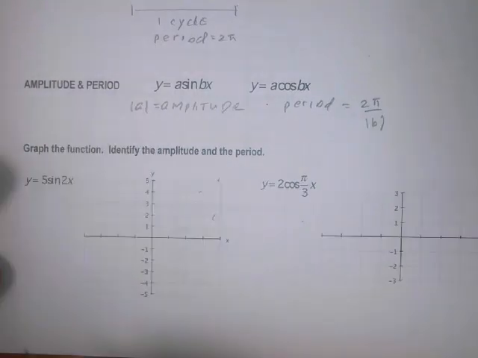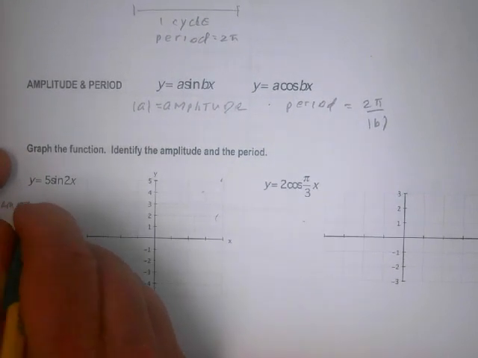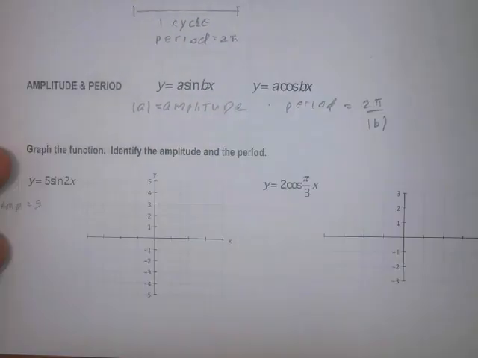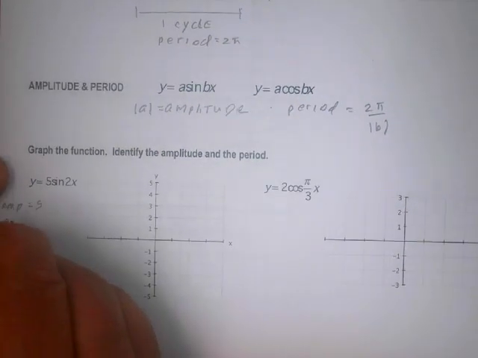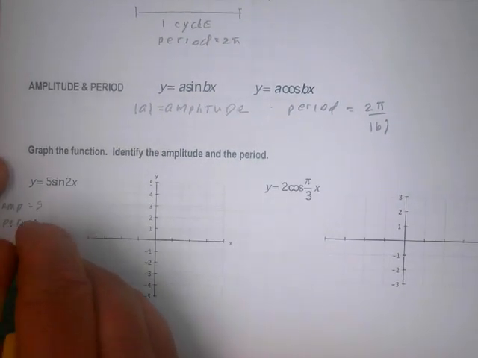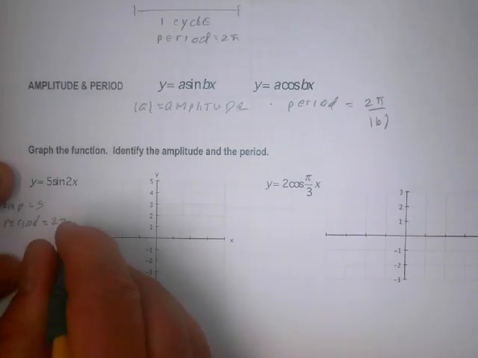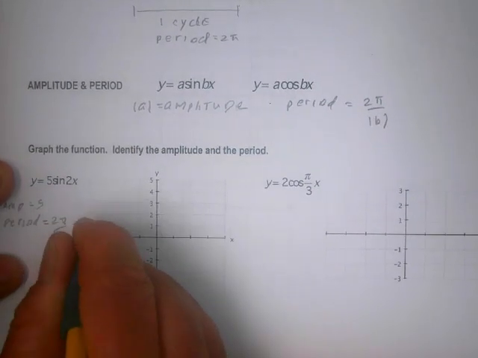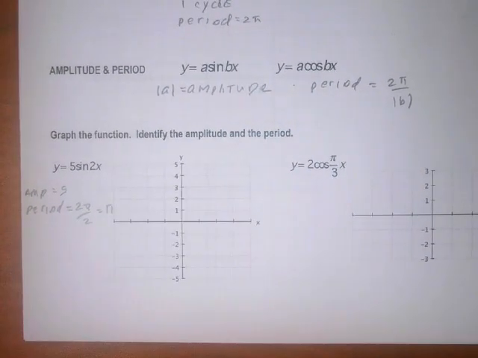Graph the function to identify the amplitude and the period. So my amplitude, or just amp, is 5. Now my period, that's 2 pi divided by 2, which is pi.